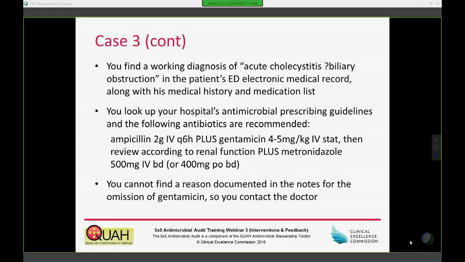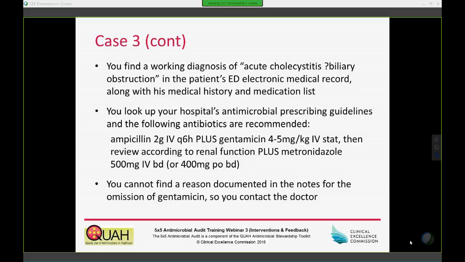So you go to question 3 and look up your hospital prescribing guidelines, and the following antibiotics are recommended: ampicillin 2 grams IV every 6 hours, plus gentamicin 4 to 5 milligrams per kilogram IV stat, then reviewing according to renal function, plus metronidazole 500 milligrams IV twice a day or 400 milligrams orally. You can't find a reason documented in the notes for the omission of gentamicin, so you contact the doctor.